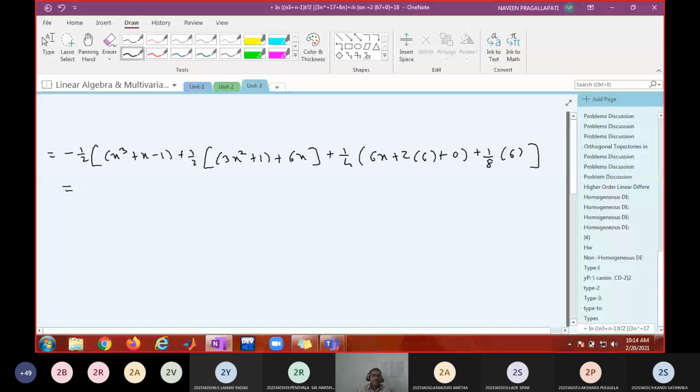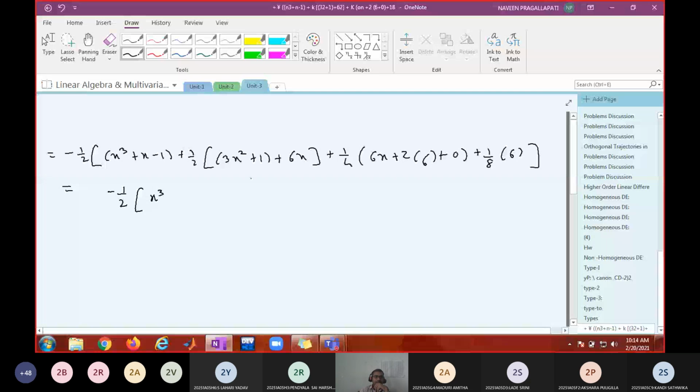You simplify this now. Write it as a cubic polynomial. Please simplify for me. What is the simplified answer? There is only one term x cube and there is only one term x square.